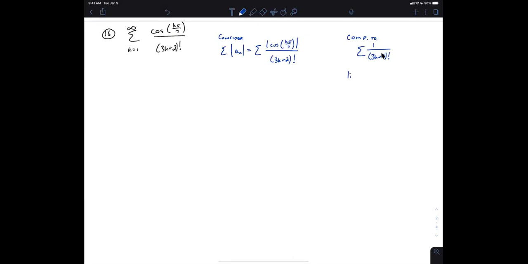So you do the limit as k approaches infinity of the absolute value of a sub k plus 1 divided by a sub k. And so a sub k plus 1 is 1 over 3k plus 5 factorial, and then times the reciprocal of a sub k.